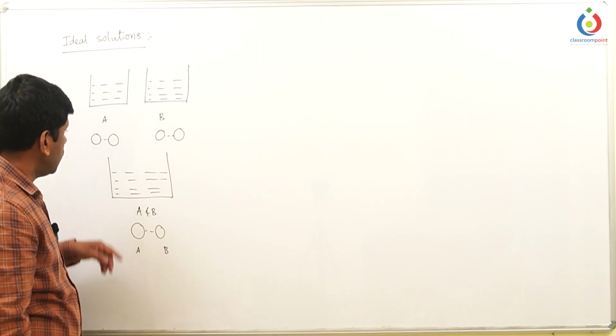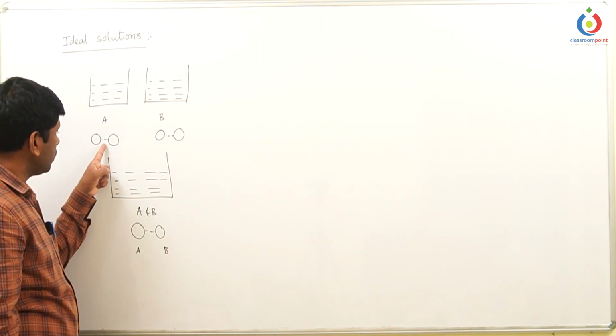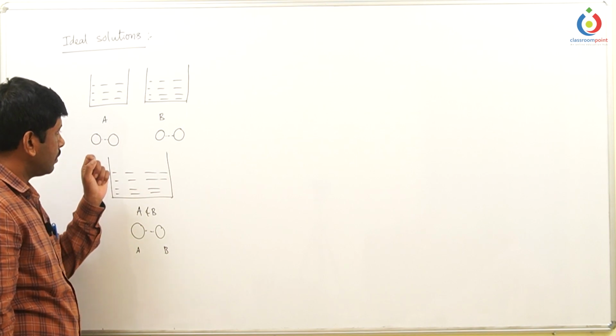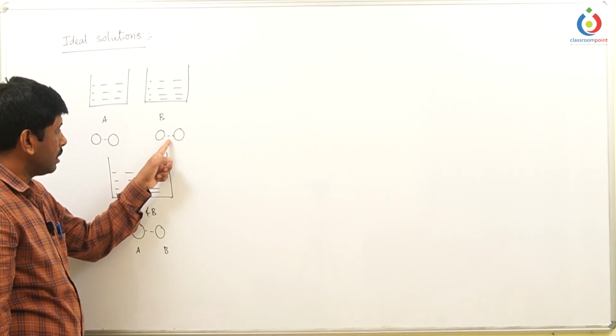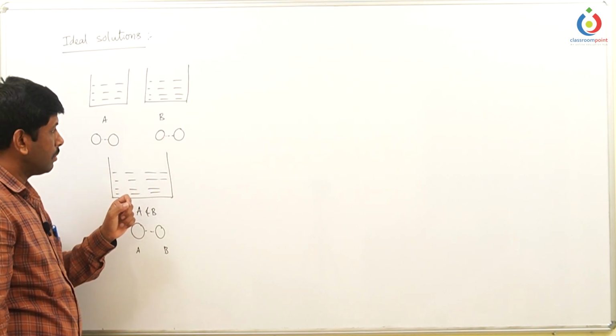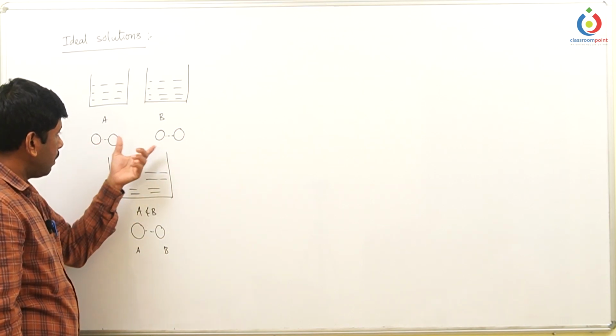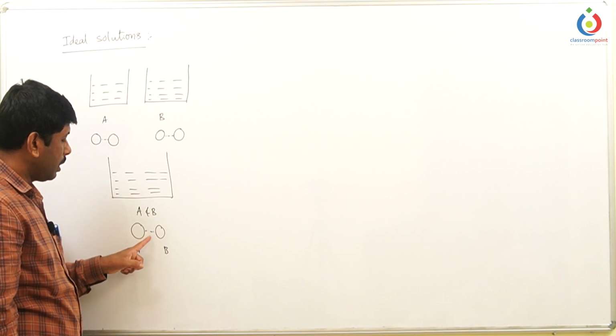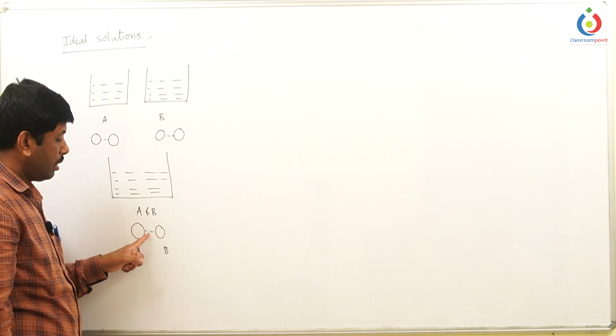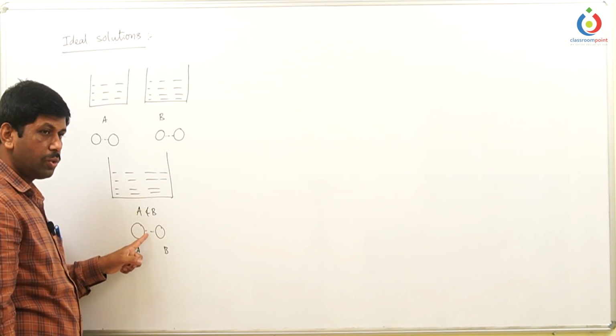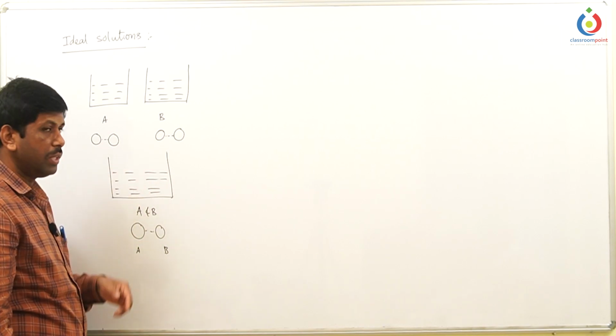So here, if you need 10 calories of energy to break this attraction and 20 calories of energy to break that attraction, these two are different. Here, by adding these two, whatever molecule you are going to get, that molecular energy should be the average energy of both of these.